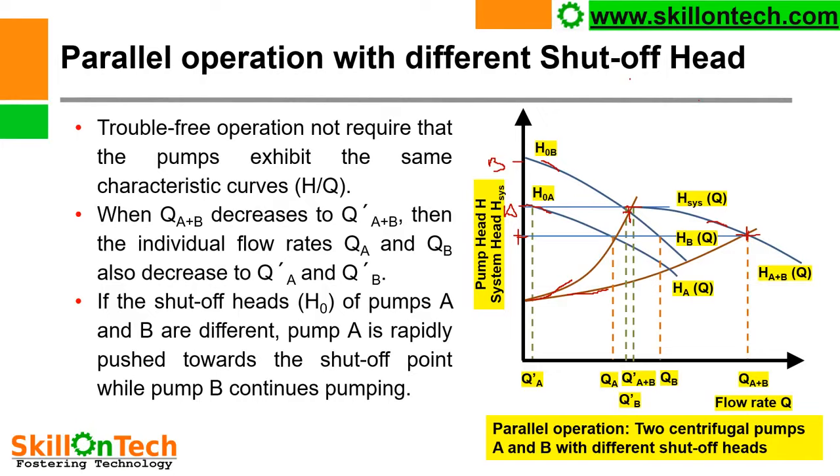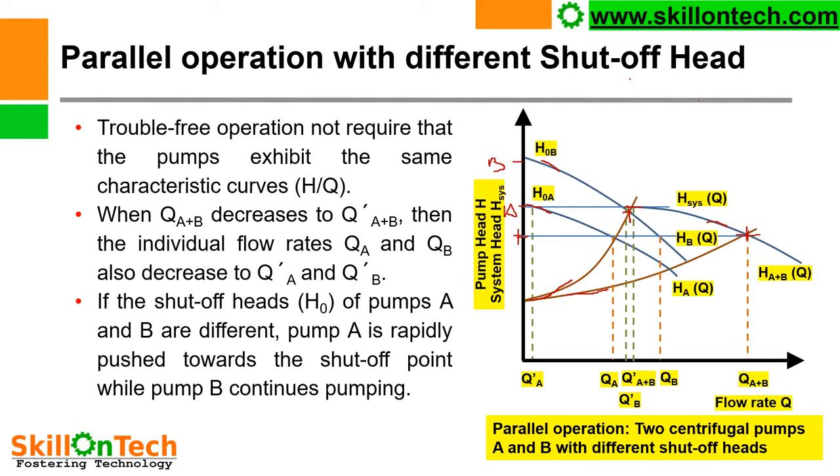So in that scenario, pump A must be started first and allowed to open the check valve, and then pump B shall be started. Then we will have a stable operation of both pumps in parallel.